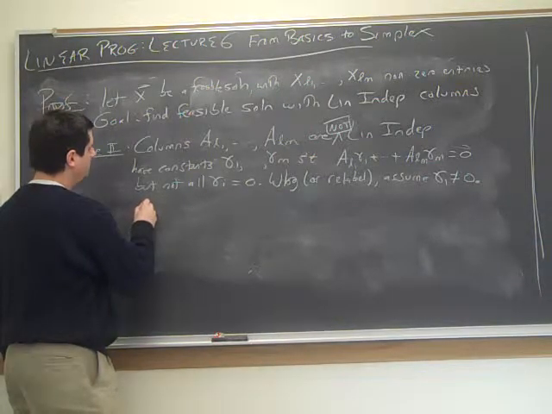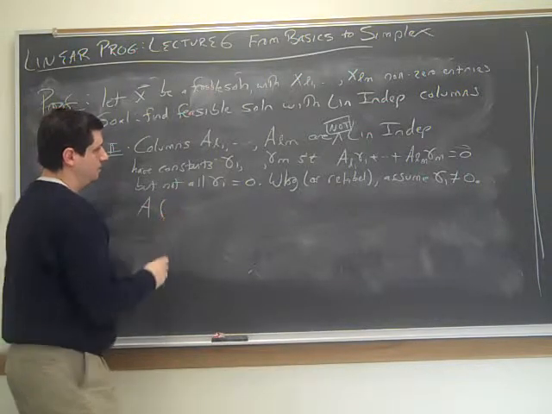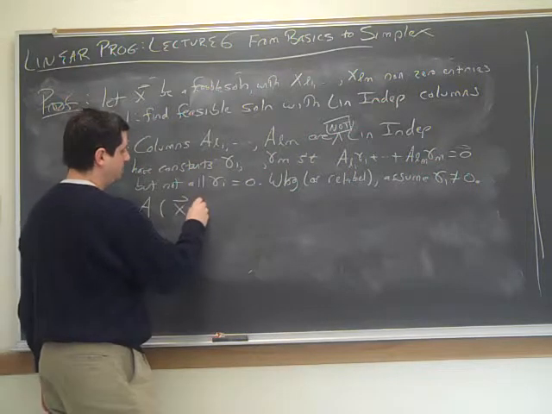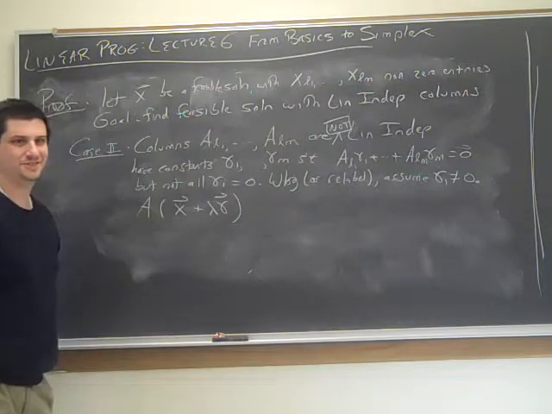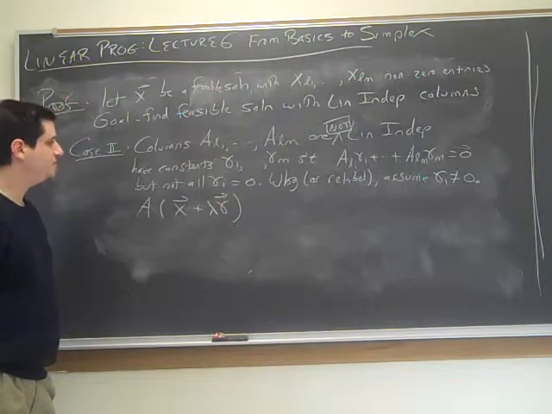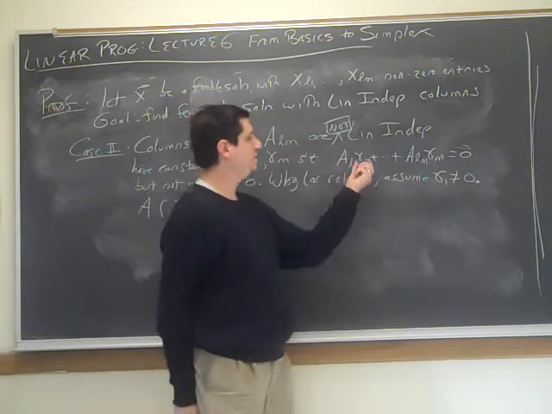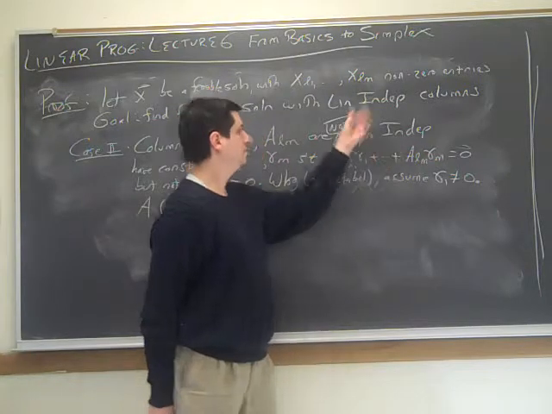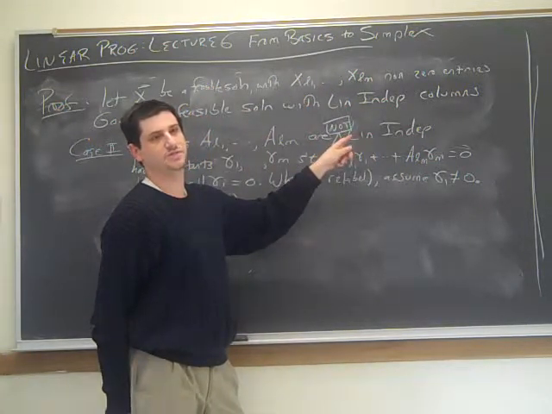Okay, so what we know is the following. Let's look at A, the notation is a little bit annoying, times x plus lambda gamma. Okay? So what does this mean? Well, gamma is basically going to be padding my vector gamma to put zeros in all the other corresponding places.